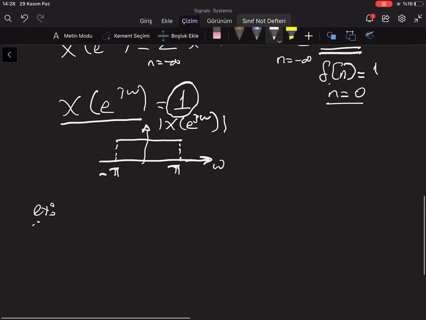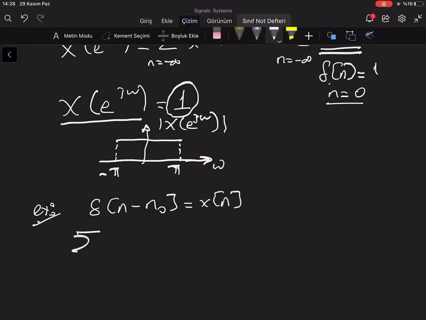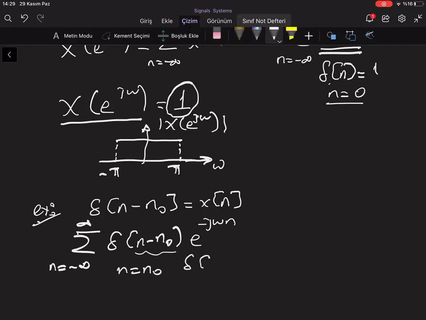x Dirac n minus n0 as my x of n, then I'm going to write again from minus infinity to plus infinity Dirac n minus n0 e to the power minus j omega n. Then this means n equals n0, Dirac n minus n0 is equal to 1.